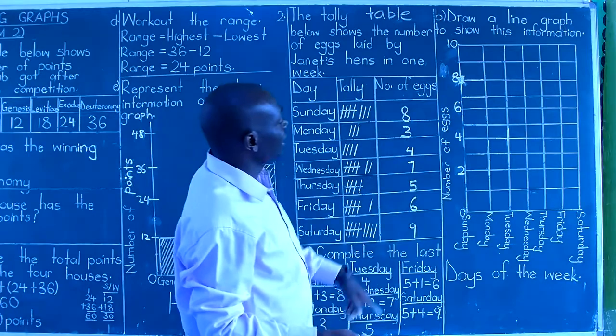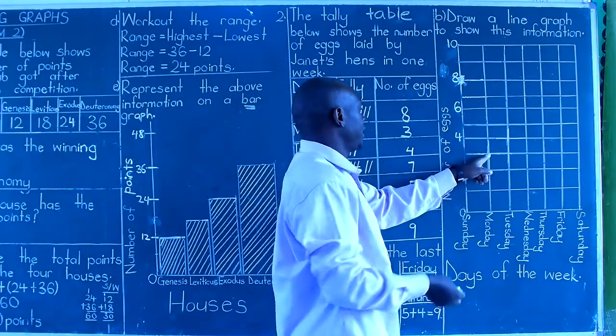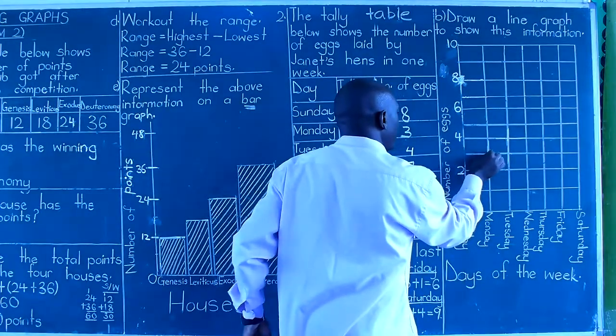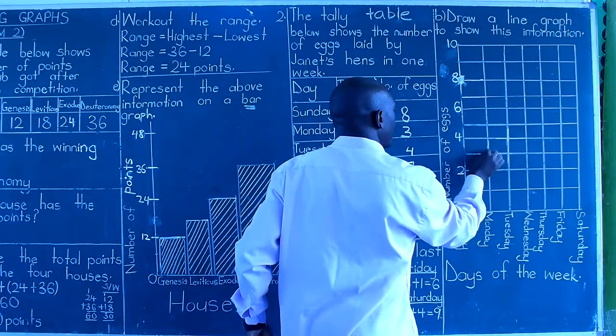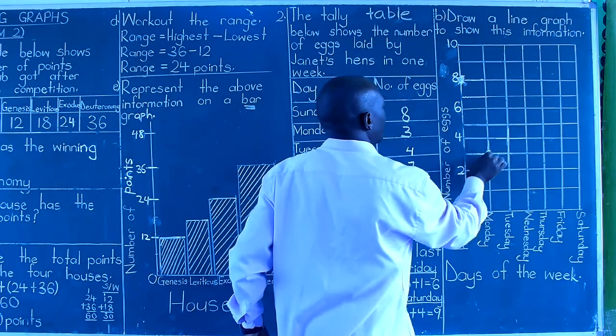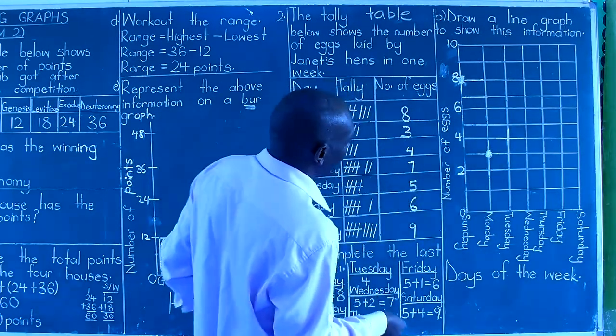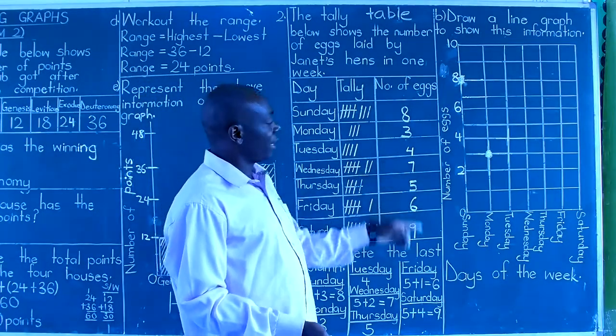Then Monday, 3 eggs. Go to Monday. This is 1, 2, 3. So you put our dot properly. That's a dot for Monday. Then you go to Tuesday, 4 eggs.